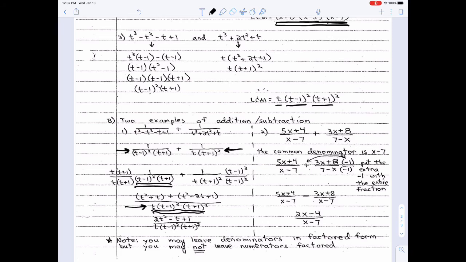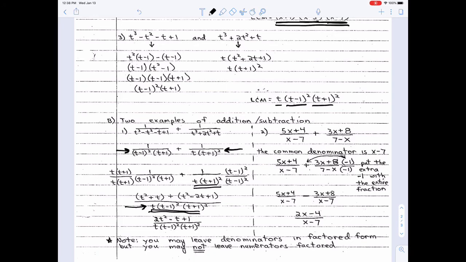Okay, here again, for the second fraction, what do you not see here that you see here? Well, there's a t plus 1 squared, but what's missing is the t minus 1 squared.